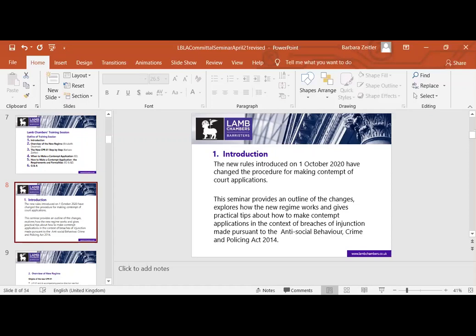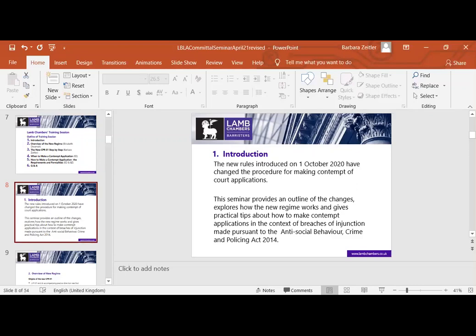Another thing to emphasize is that we're going to be looking at the civil procedure rules today mostly in the context of antisocial behavior. We simply don't have time to touch on contempt proceedings in the context of, for example, false statements in witness statements.